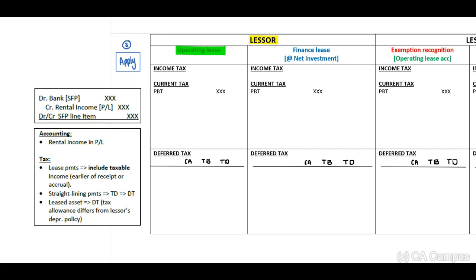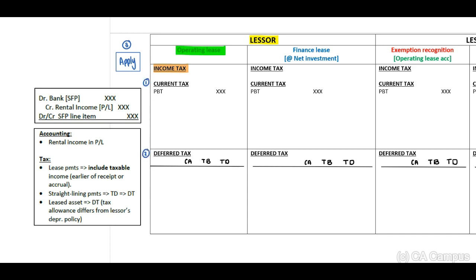Now we need to look at the implication in terms of our tax versus accounting rules in our income tax calculation. Now on the left side of the screen, you will identify I've included our accounting journal and our principles. Now, when we look at this, remember your basics in terms of IAS 12. We need to calculate our current tax and our deferred tax.